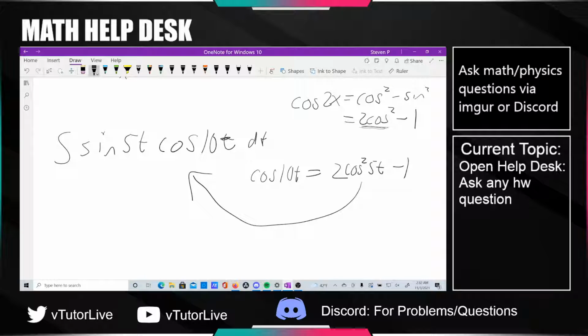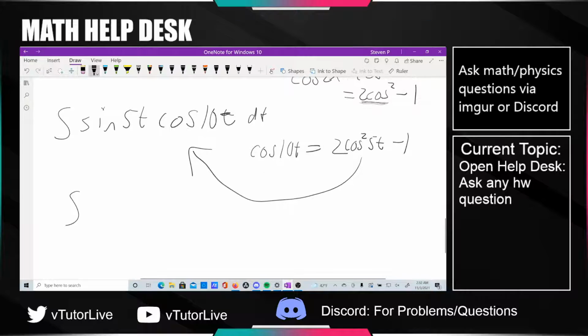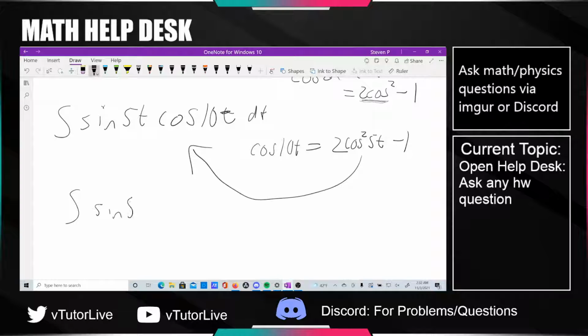And do you see why this works out so nicely? This turns into a sine of 5t, cosine squared of 5t. Remember that pattern we were talking about earlier? How this is a power of 2 and this is a power of 1, and it's just beautiful. If we expand, this has a factor of 2 in front of it, and then it's just a sine of 5t dt by itself.